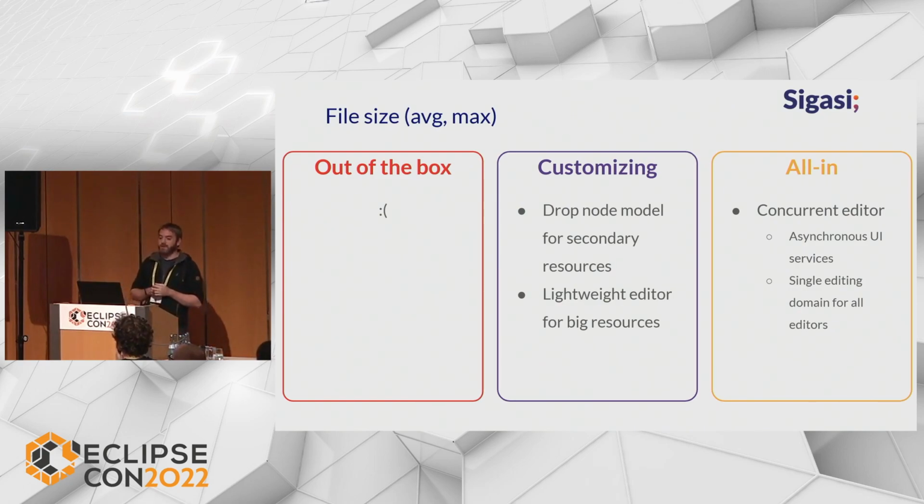Then it's dealing with file sizes, and what I'm talking about here mostly is, what if you open a really, really big file? What happens with Eclipse? Unfortunately, out of the box, Xtext does nothing, even though it's improved over the years. In the beginning, there was a lot of quadratic behavior when you were opening big files, and that slowed things down.